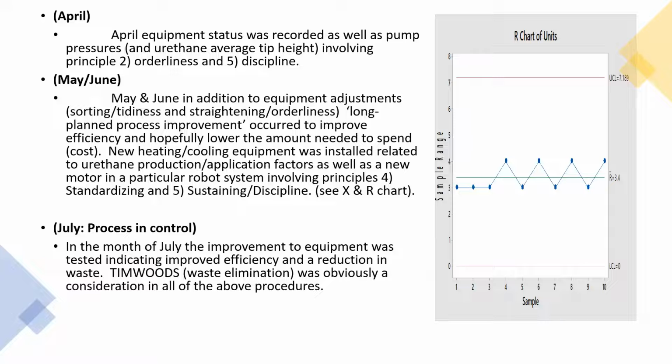New heating and cooling equipment was installed related to urethane production application factors, as well as a new motor and a particular robot system, involving principles 4, that's standardizing, and 5, sustaining this. Right? And here we have an R chart for that particular one to explain the stability. And it is also well within its measures.